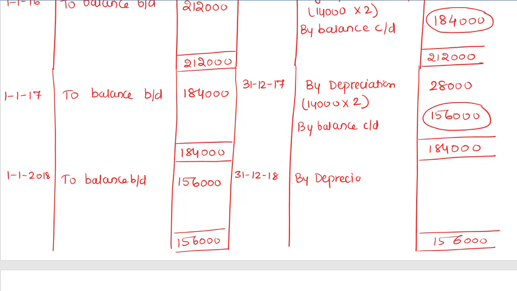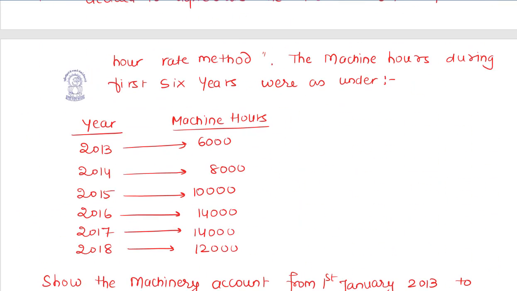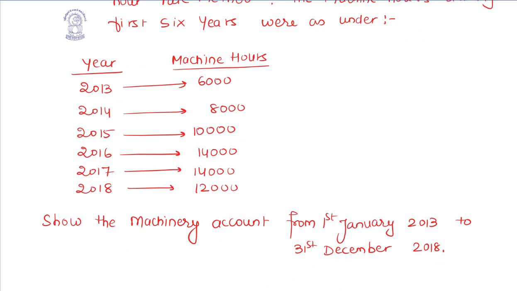So by depreciation account, let us see the number of machine hours. The number of machine hours for 2018 is 12,000 hours.